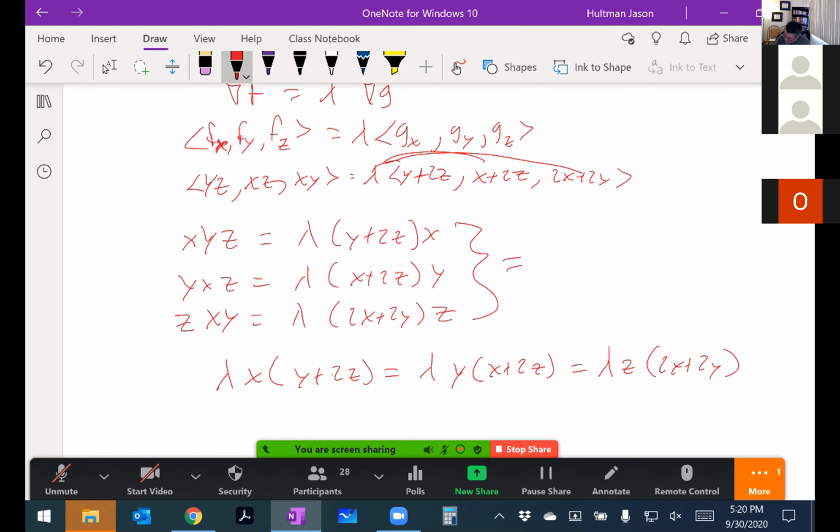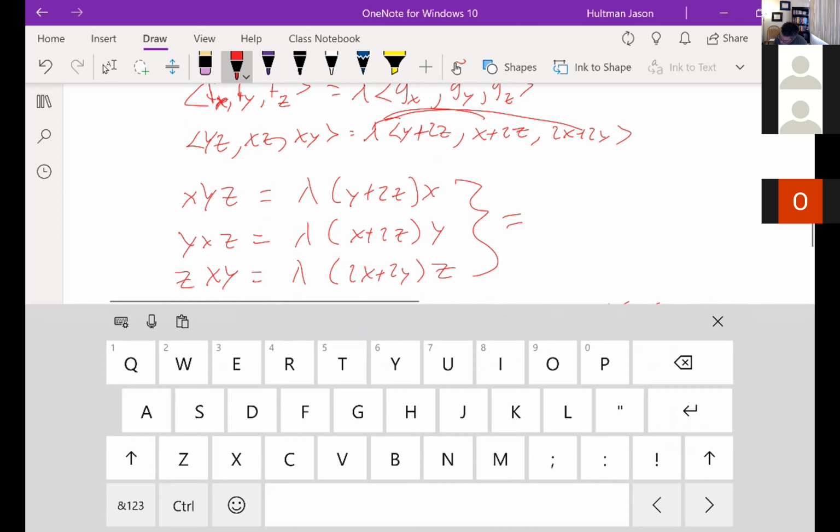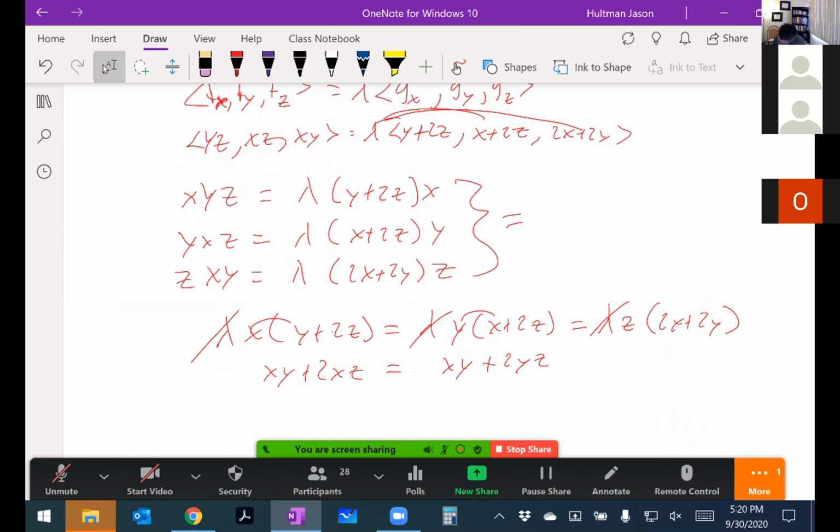Okay, let's cancel out the lambda. And what do we get? We get xy plus 2xz is equal to xy plus 2yz. Ooh, that's interesting. Which is also equal to 2xz plus 2yz. That's interesting.